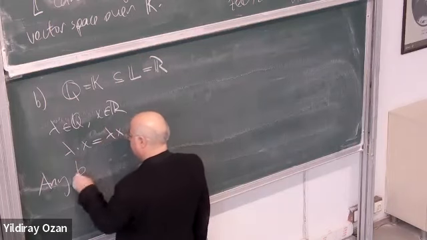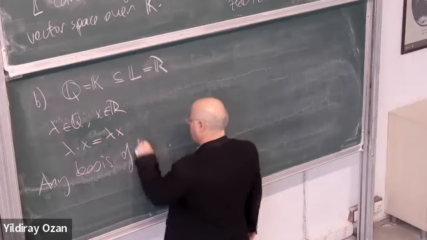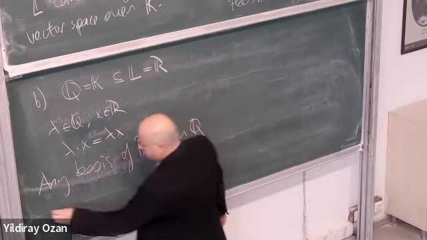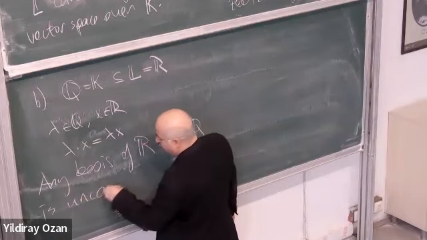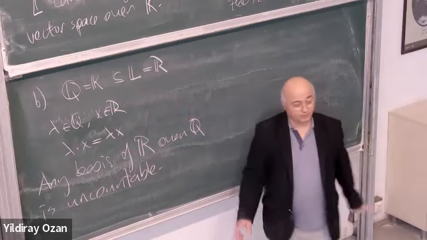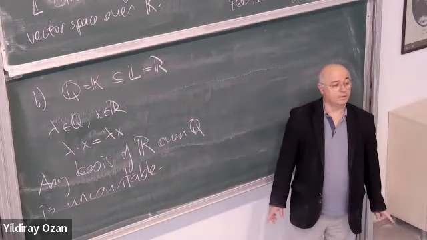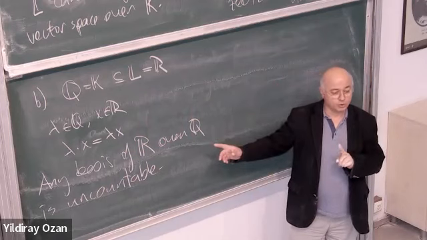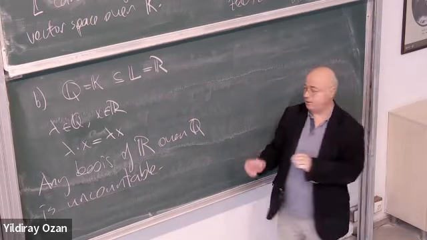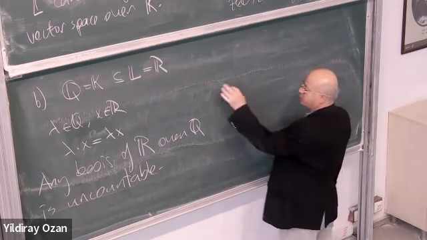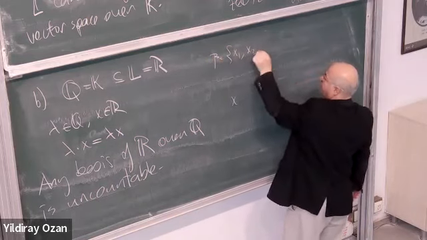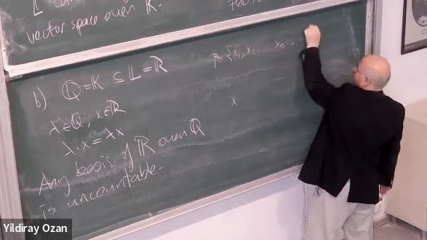Any basis of R over Q is uncountable. Why is that? If it were countable, since Q is also countable, any real number would be... Suppose there is a countable basis, so basically like x1, x2, and so on.